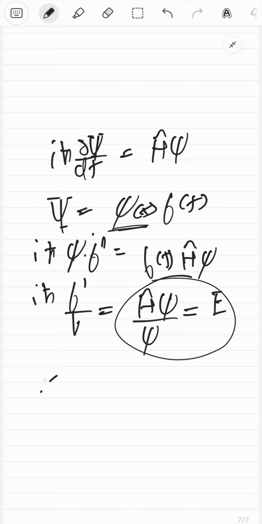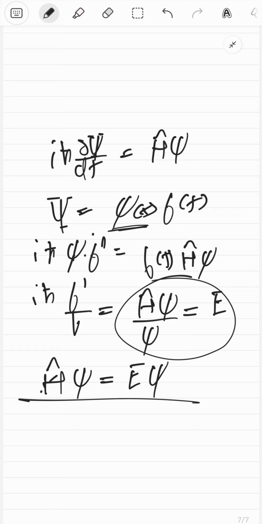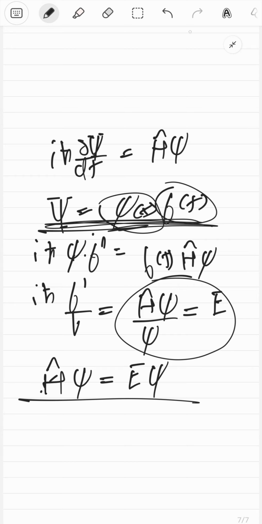And so from this equation what you actually have is h hat psi is equal to E psi. And so this is the basic equation for the time independent part of the wave equation, which you're going to get all the time, and the infinite square well was just one example. But anyway, what you notice is that for any separable solution, so this form, where you can write psi as some time independent part and time dependent part, this is called the separation of variables.